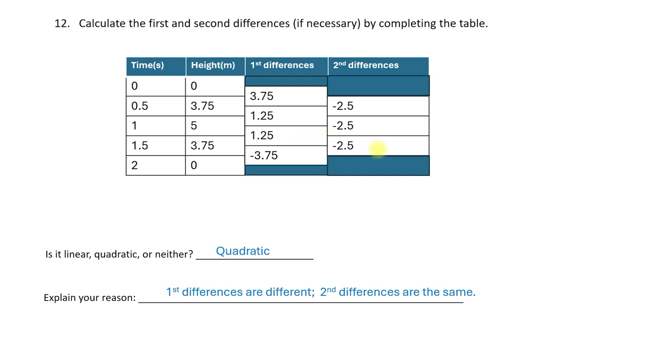So the second differences are all the same. Because the first differences are different, but the second differences are all the same, we know that we have a quadratic equation. And our reasoning is first differences are different, second differences are the same.